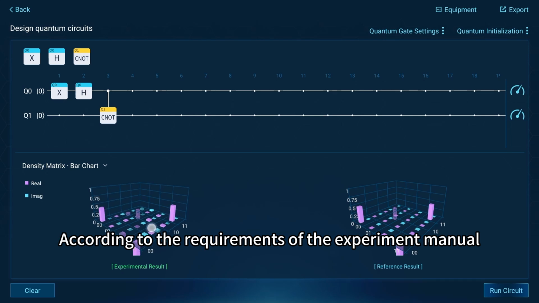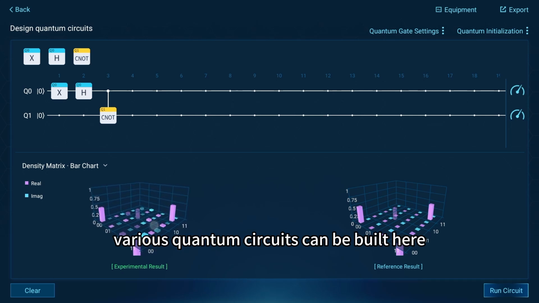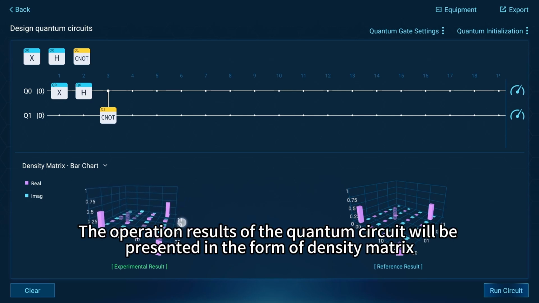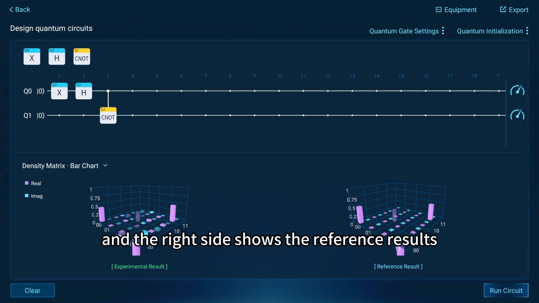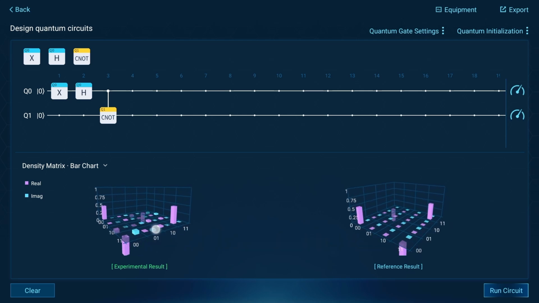According to the requirements of the experiment manual, various quantum circuits can be built here. The operation results of the quantum circuit will be presented in the form of density matrix and graphics. The left side shows the experimental results, and the right side shows the reference results.